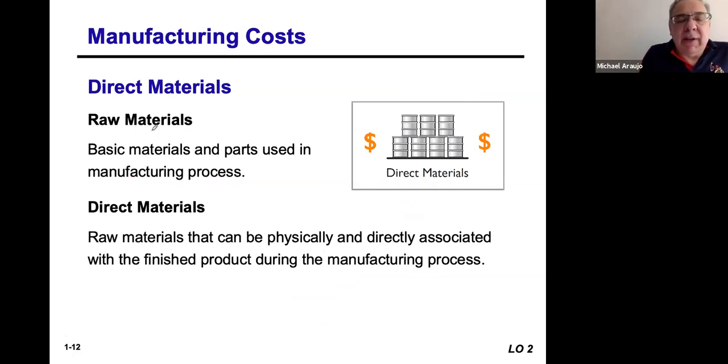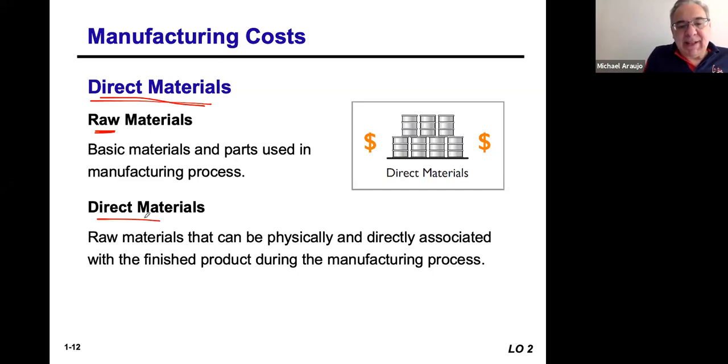So in reference to direct materials, there's a couple of classifications. I already went over what we call raw materials, right? Stuff that's used directly in making the product. So you need wheat or some type of flour to make bread, so that's a raw material.